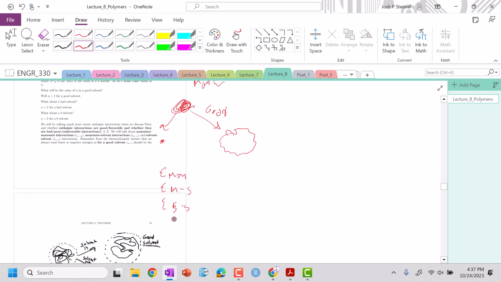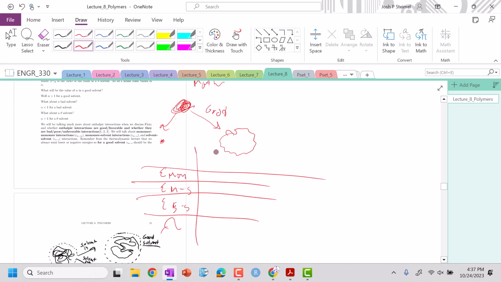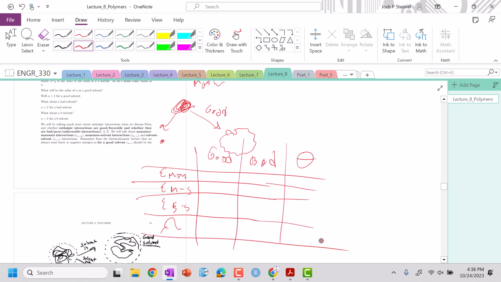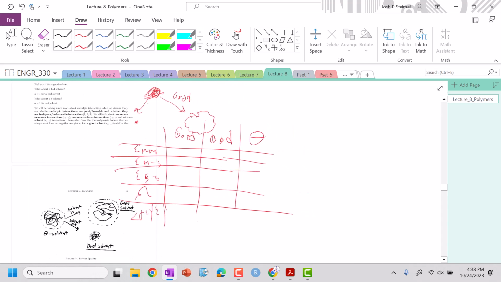And we are going to look at also our number of microstates in this system. So let's break this down for theta, good, and bad. And then we'll also break down what happens to our R squared to the 1/2 power scaling in terms of N. So if I am in a good solvent, do my monomers and monomers want to touch each other?